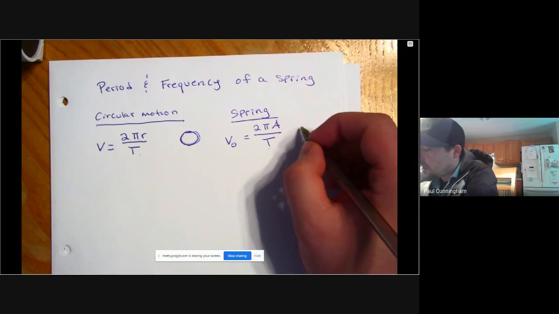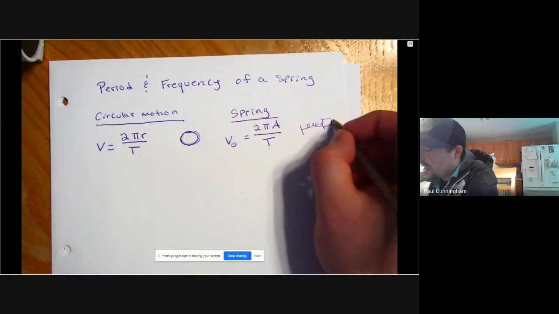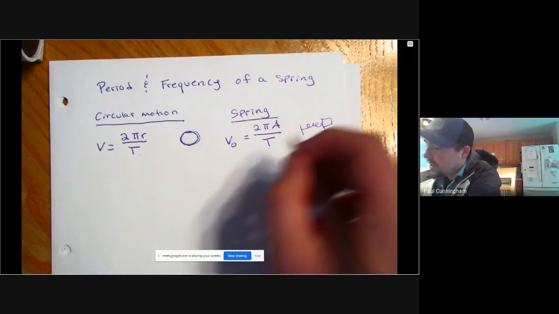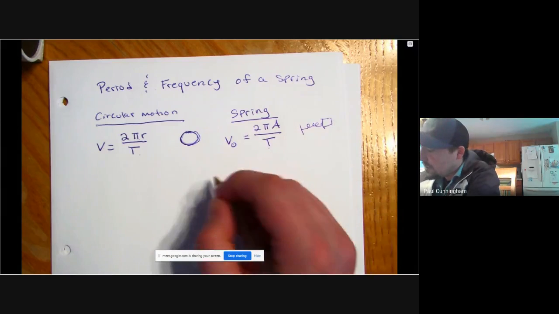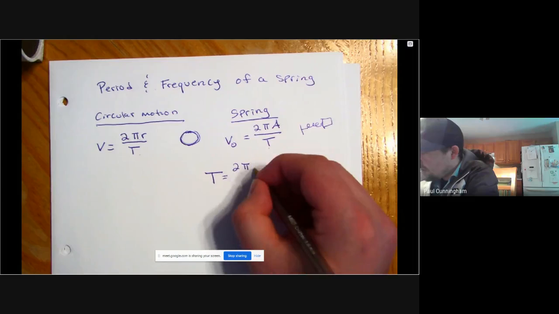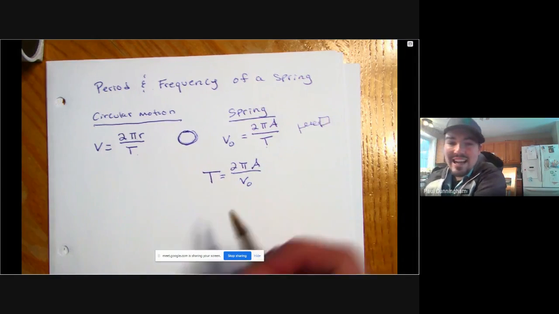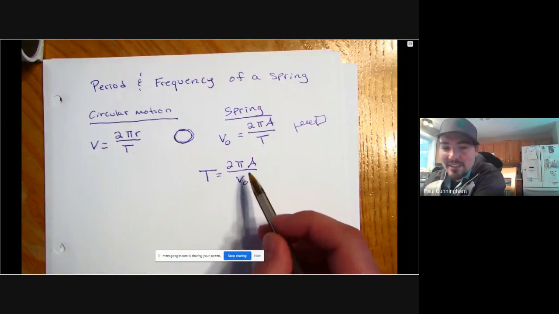Remember, the motion would be all the way out and all the way back to where it started. And we can solve this for period, and we end up getting T equal to 2 pi A over v sub 0.